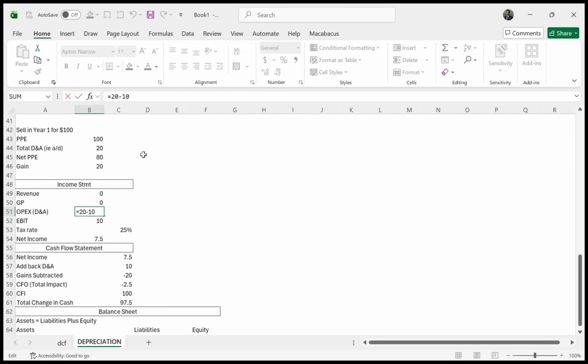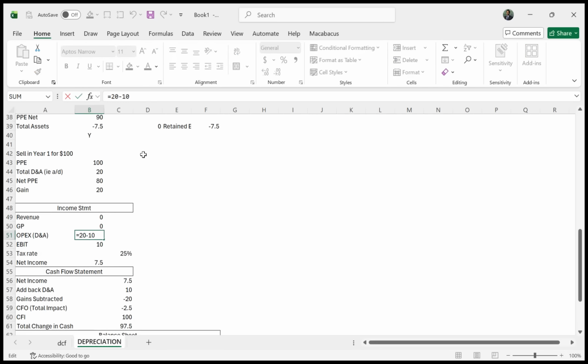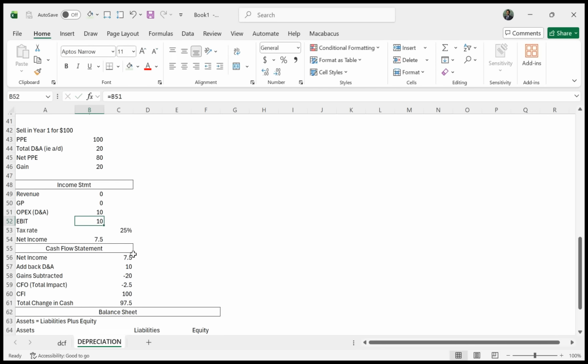Because it's 20. The gain is $20. You sold the PP&E for 100. It's worth 80 right now. You get a $20 gain. $20 gain minus the $10 of DNA. Your EBIT is therefore up 20. There's your net income.